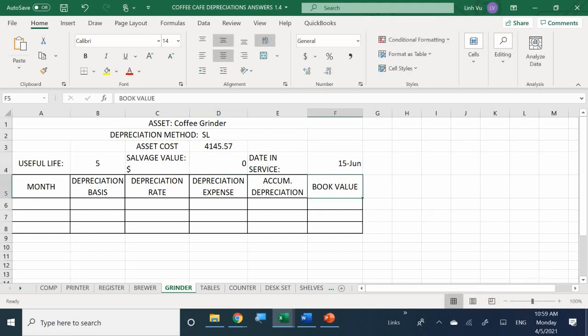Now, what's our assumption here? Do we depreciate or no? Do you guys remember the rule?